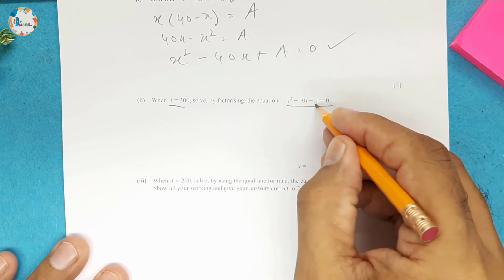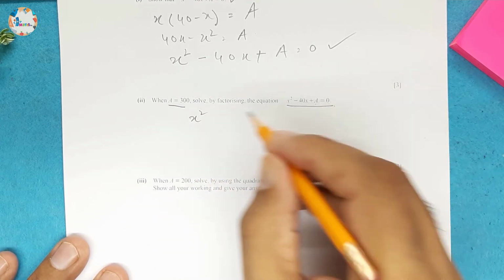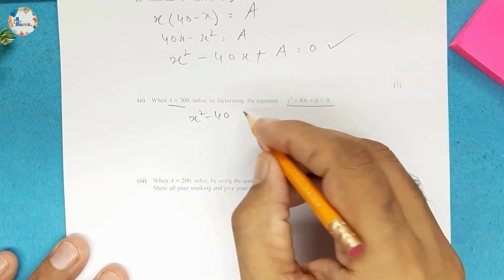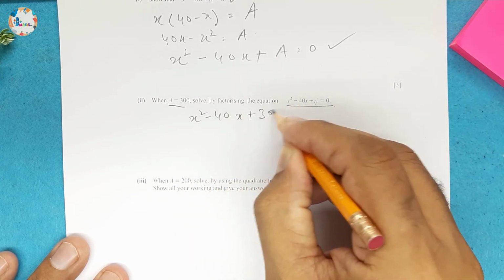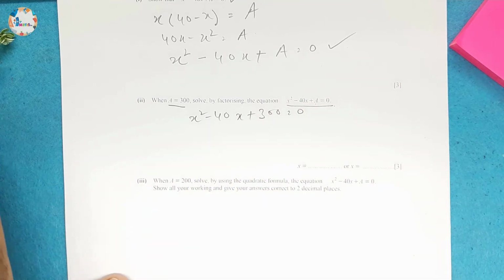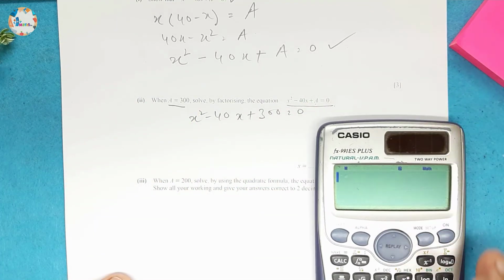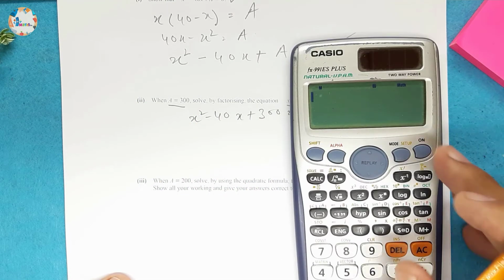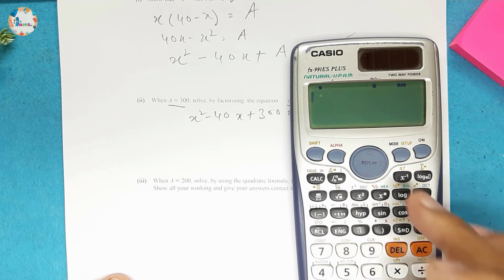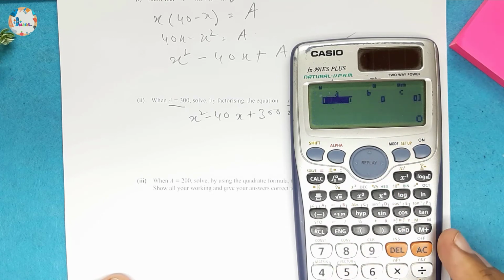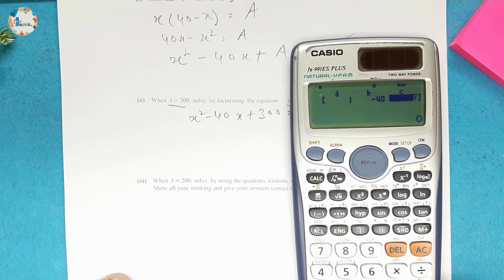So A is equal to 300, so x square minus 40x plus 300 is equal to 0. Now to solve it by factorization, we can take help from the calculator. So mode 5 3, and the coefficient of x square is 1, minus 40 is the coefficient of x, and 300 is the c value, basically the constant.